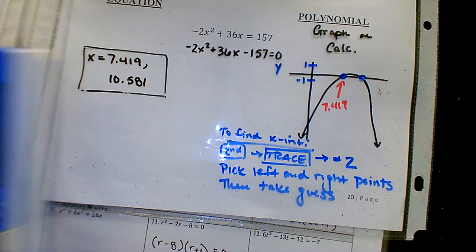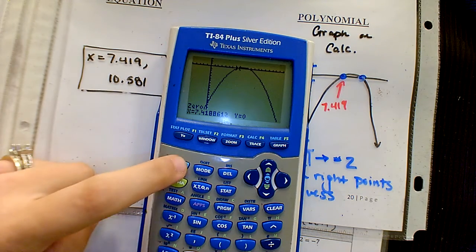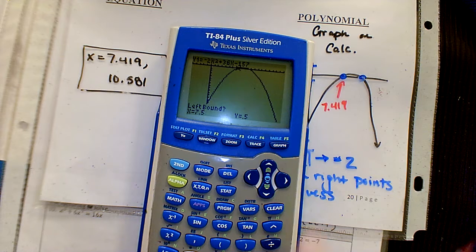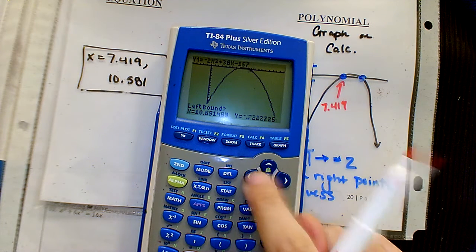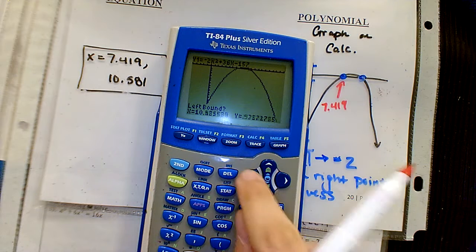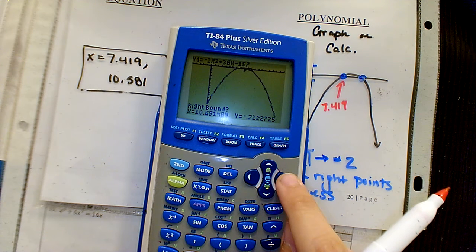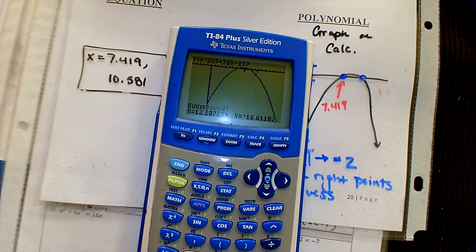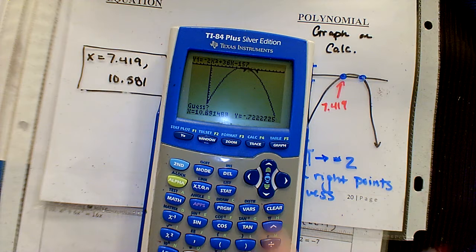Okay, just for practice, let's go ahead and try the other one. So we're going to hit second, trace, option number 2, move the spider to where you think it is, go to the left a few times, hit enter, go back to where you think it is, hit the right arrow a few times, hit enter, go back to where you think it is, and take your guess.